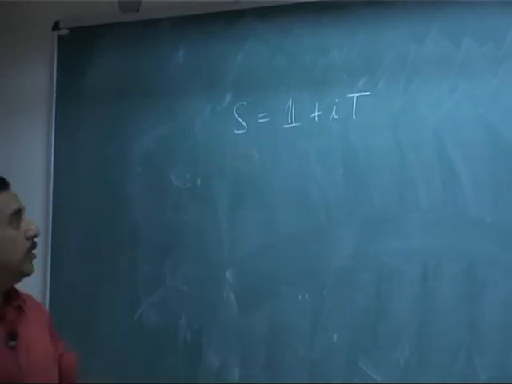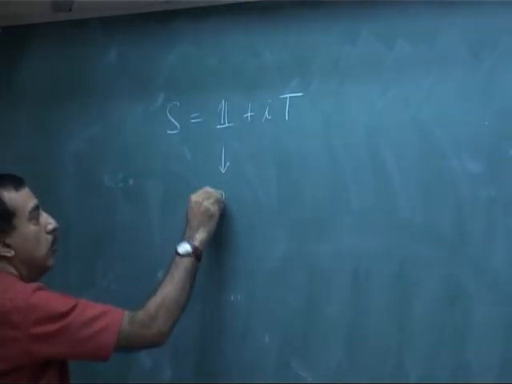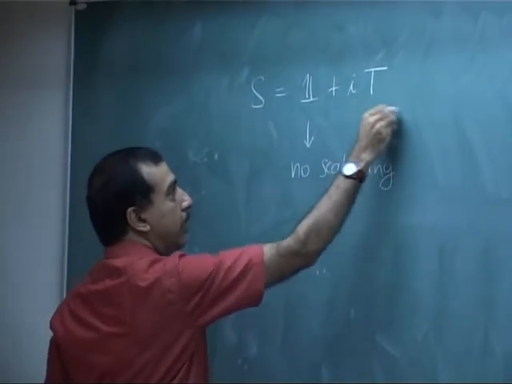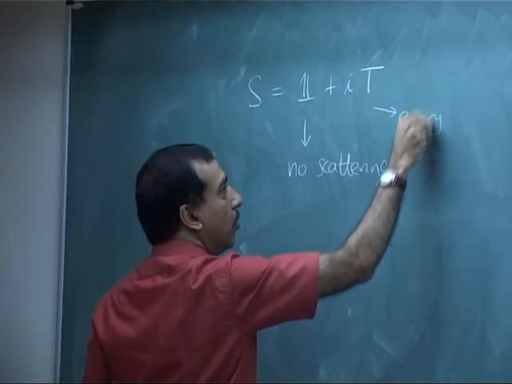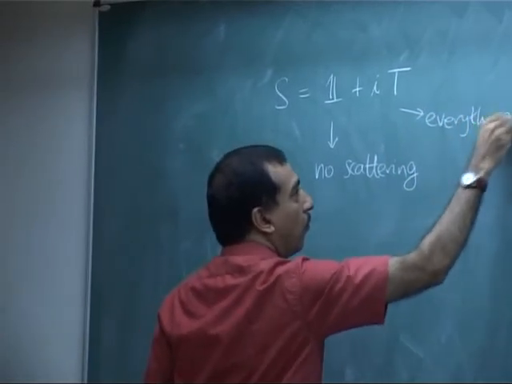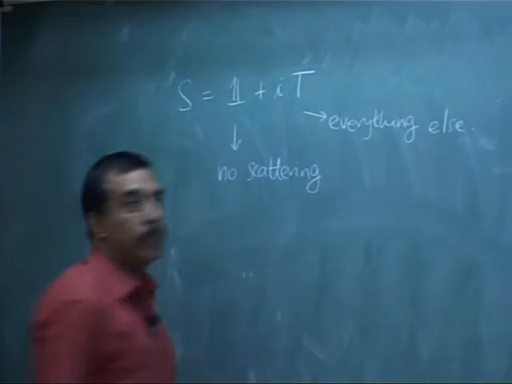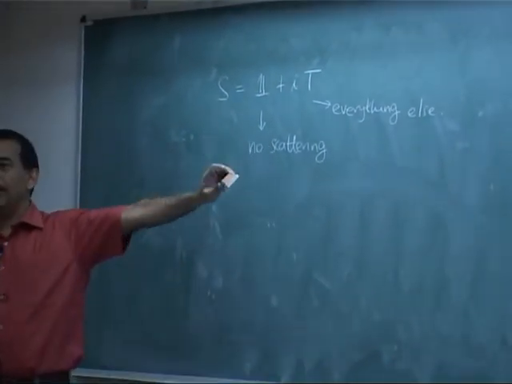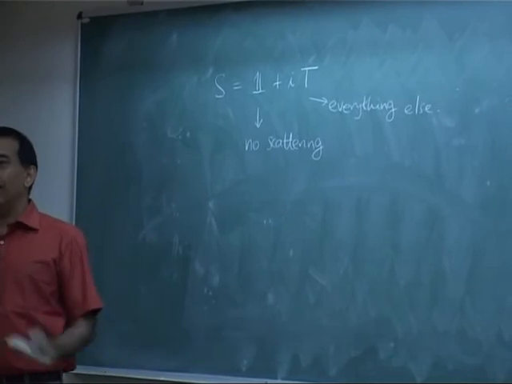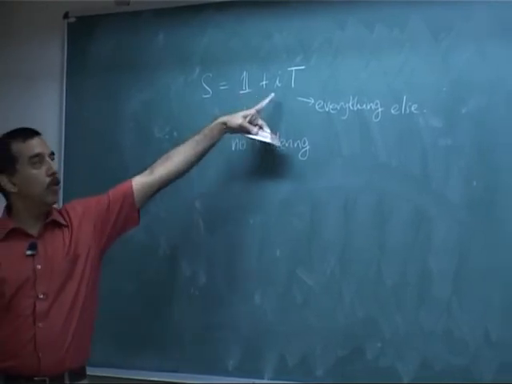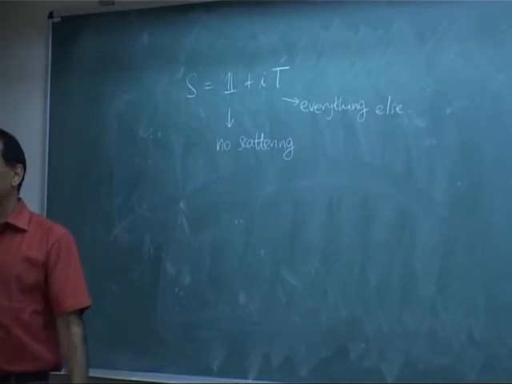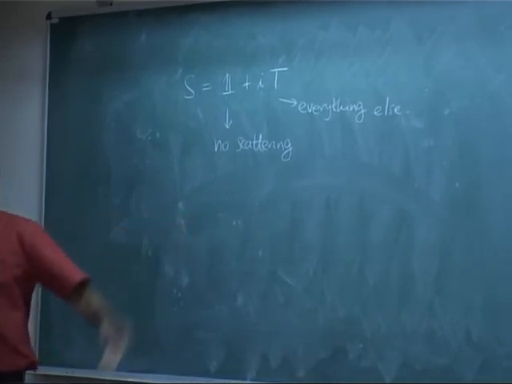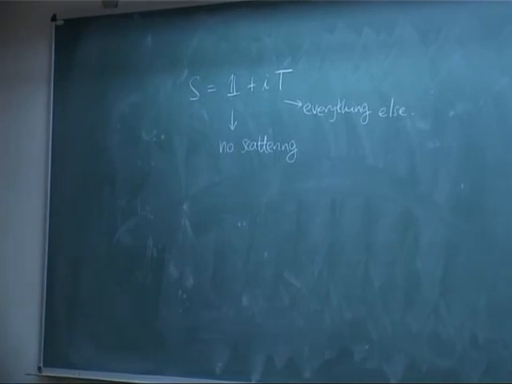The 1 represents all situations of no scattering. And T represents everything else. Okay, I'm writing it informally, but as we calculate, whenever we get a contribution, we'll decide whether the contribution should belong to 1 or to T. This contribution certainly should belong to 1. You would think it's the only one, but actually there are more.